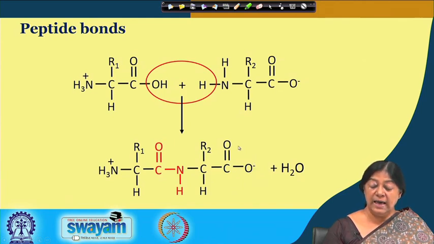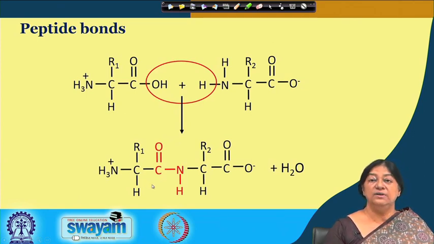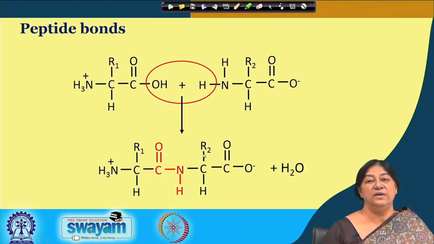So, we are looking at the pK1 value of R2, the pK2 value of R1 amino acid. And what other information do we need? We have to see whether R1 and R2 themselves have any ionizable groups or not. If not, then we know that it is going to be pK1 plus pK2 divided by 2.